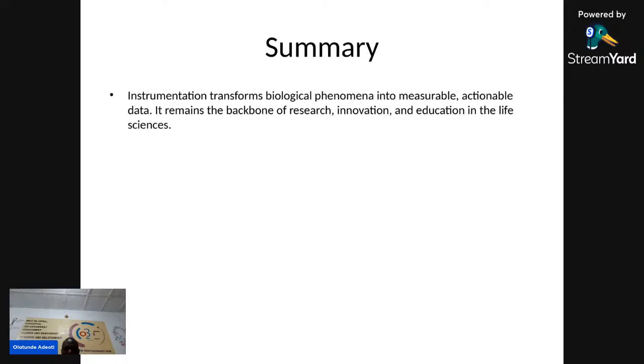So at the end of all our discussions so far, especially in this last aspect of this course, which is instrumentation, it has transformed biological phenomena into measurable, and not only that, actionable data. That is the data that you can use in making your informed decision about anything. And it is going to remain the backbone of research.